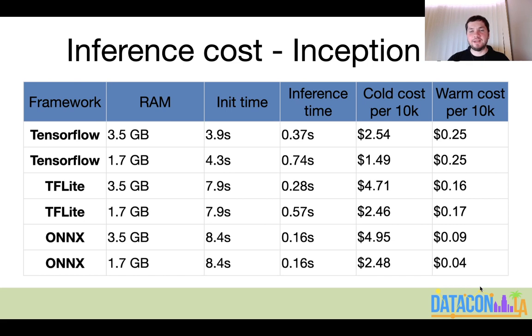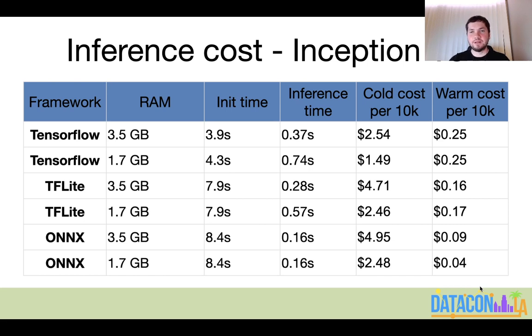The main takeaway here is that, first of all, different frameworks have different init time and inference time. And depending on your needs, you may want to optimize for one or another. If you have batch processing and you know for sure that you will be processing a lot of jobs, then optimizing for inference time is the best. And in this case, it would be using ONNX.